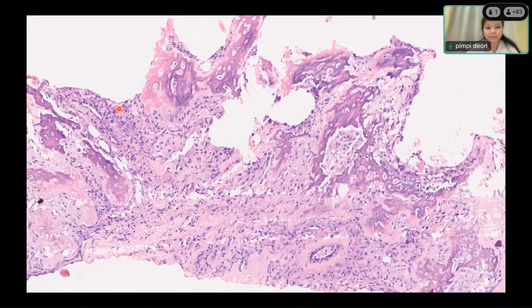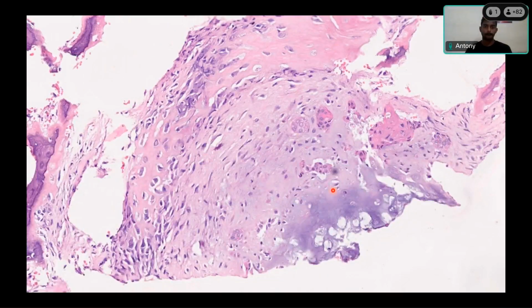Are you sure there are any epithelial cells? Any suspicious looking? I'm pointing out here. Do you think these are epithelial cells? No, ma'am, these are chondroid.